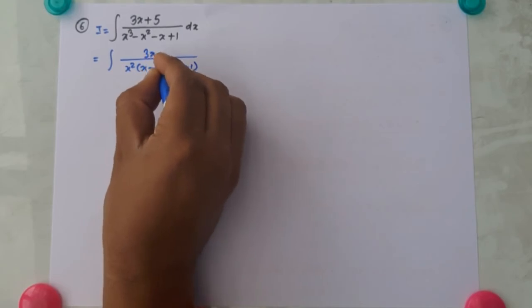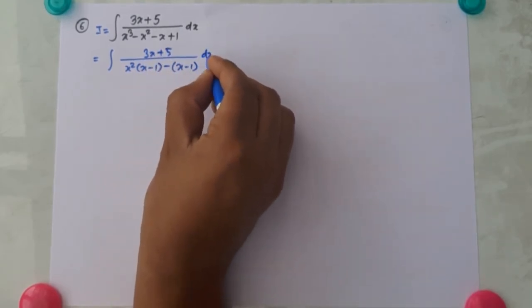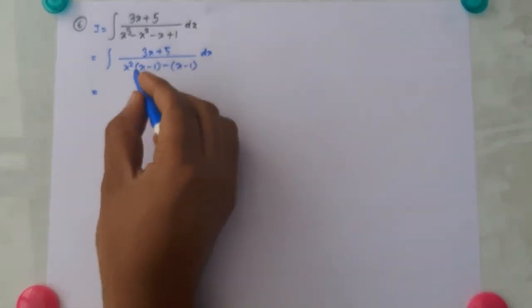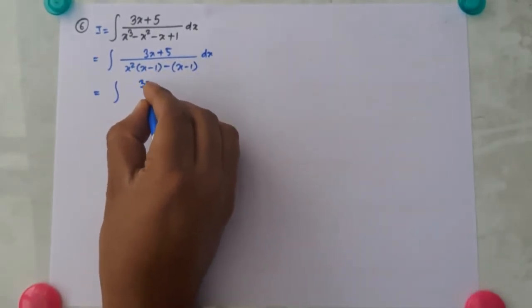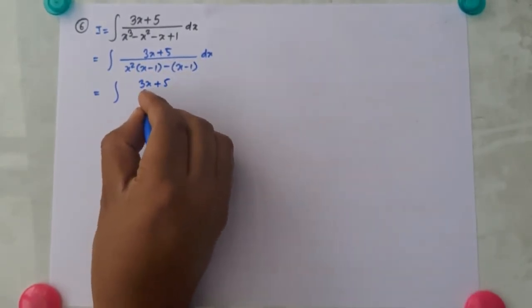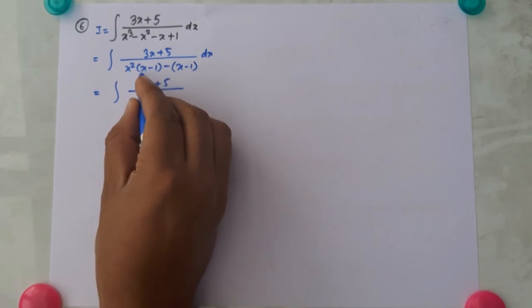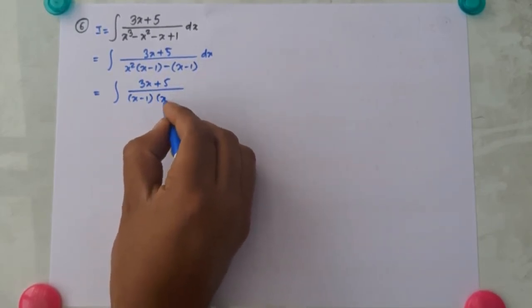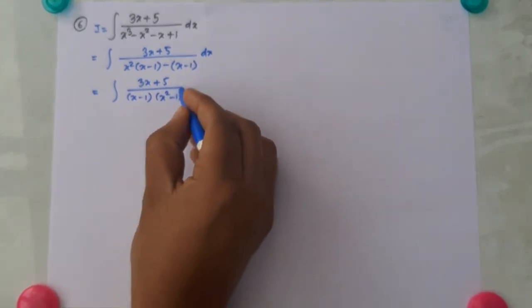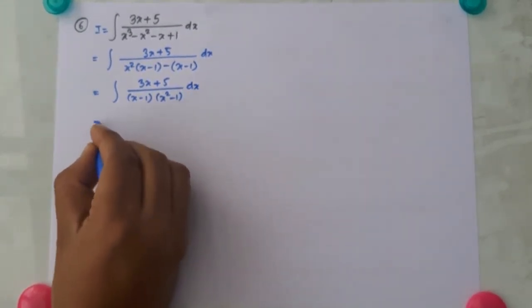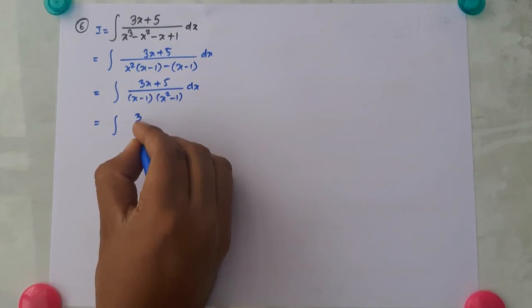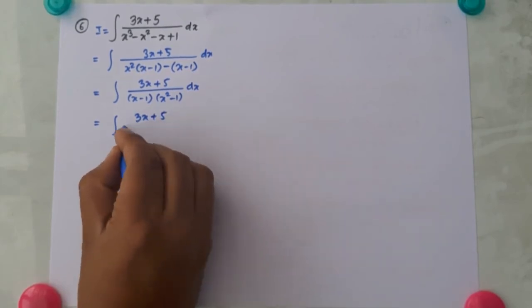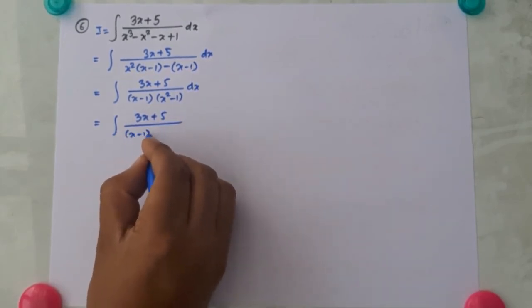So in the numerator we have 3x plus 5 dx. Okay, so we have integral 3x plus 5. This can be written as x minus 1 is common here now, so you get x square minus 1, isn't it? dx is there, so this is integral 3x plus 5 over x minus 1.